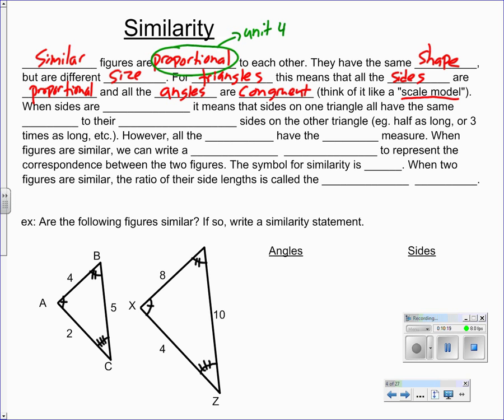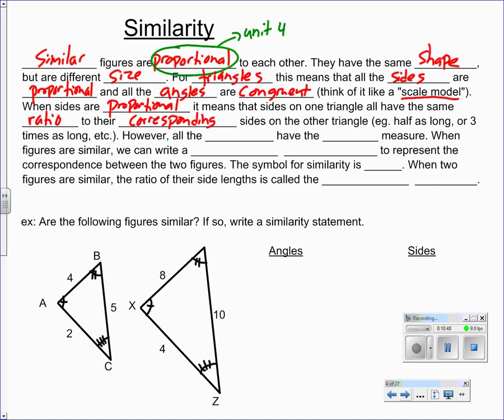So when sides are proportional, that means that the sides on one triangle are going to have the same ratio to their corresponding sides on the other triangle. So they'll all be half as long as the other triangle, or 3 times as long, or a third, or 3/4.